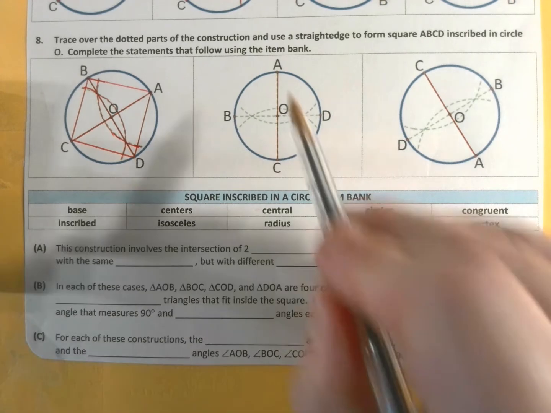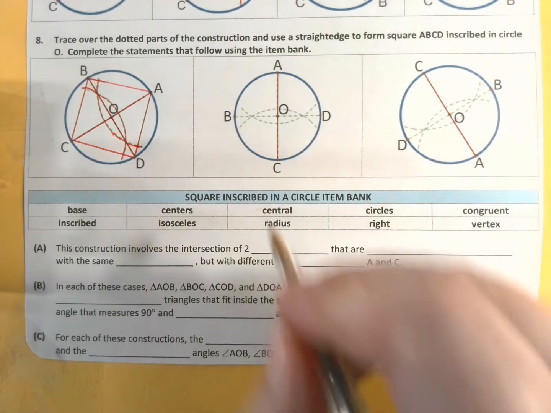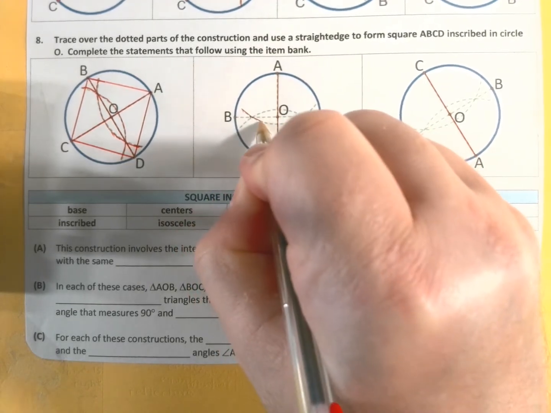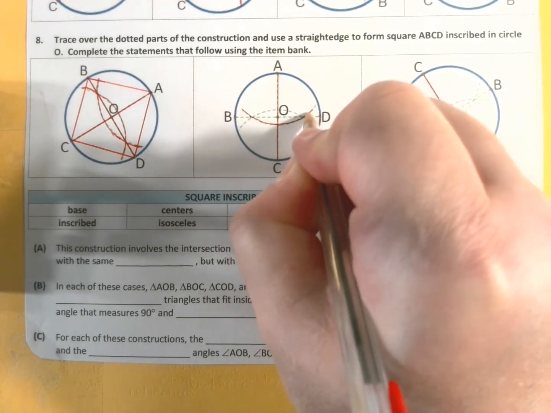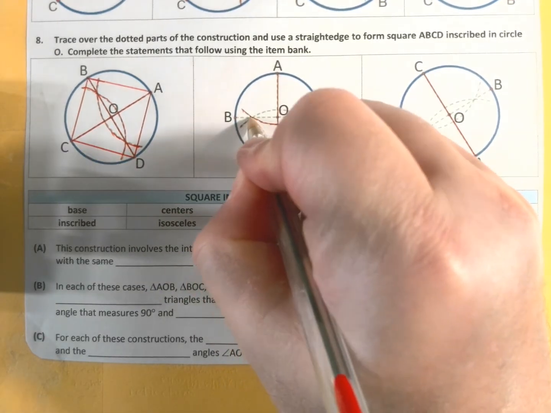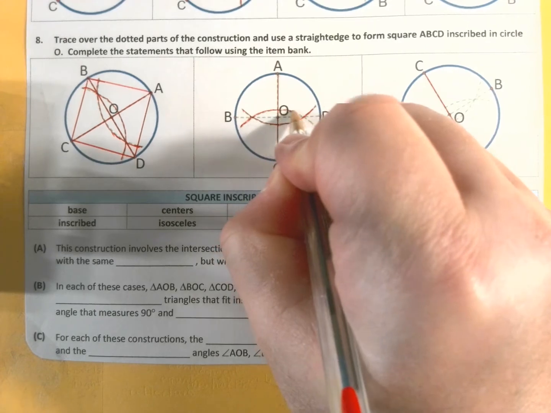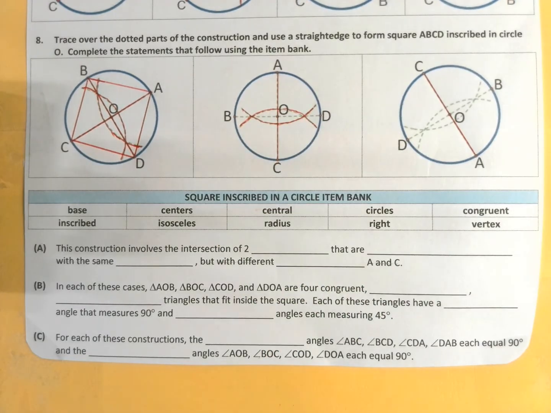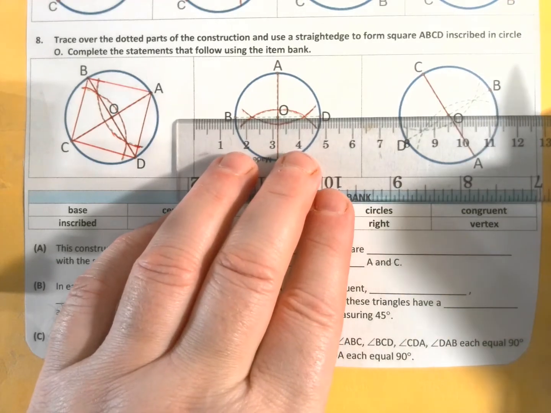Starting from point A again in the second one, we're going to go a little bit past O, and form this arc with our compass. And then from point C, you do the same thing with the compass here. You're going to form this arc. And then we form our intersection point of the diagonals.